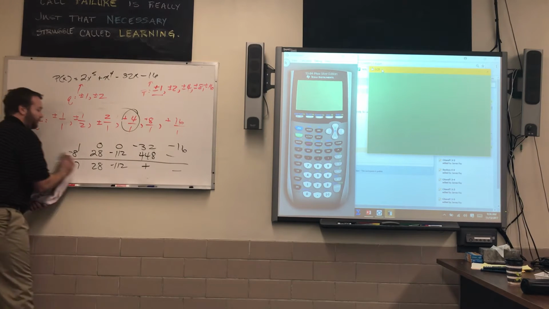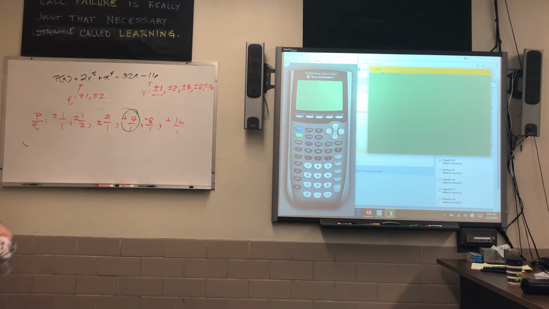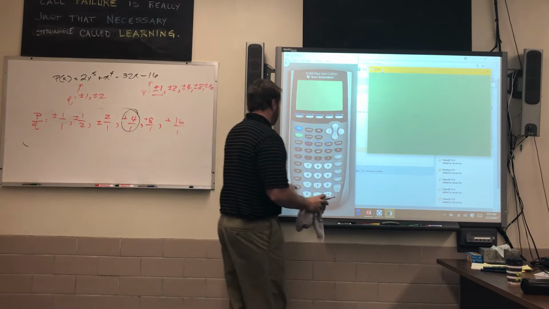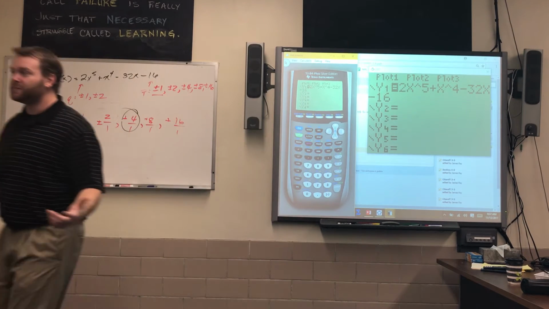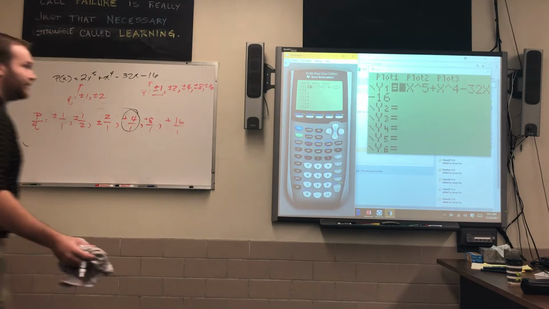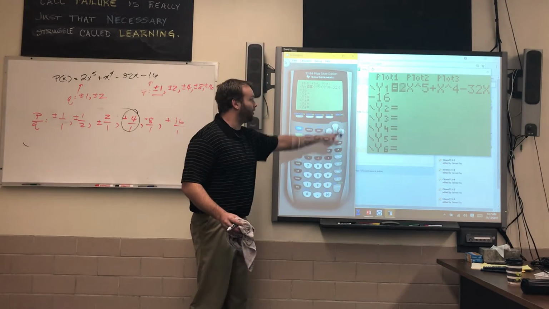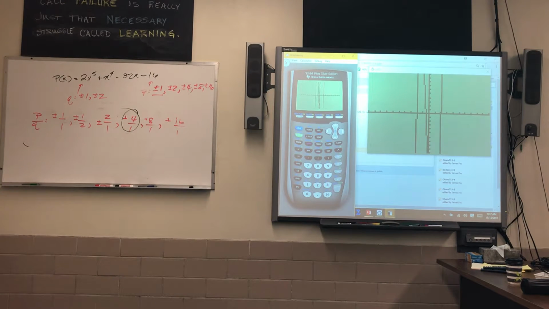Now, here's what we're really going to do. We're going to type this thing into Y1. And I consider this cheating, but I don't know that it is because your book actually asks you to do this. They ask you, can you find, from looking at a graph, can you start recognizing some zeros? Now, I know, just because of what we just did with that synthetic division, -4 was a lower bound, right?